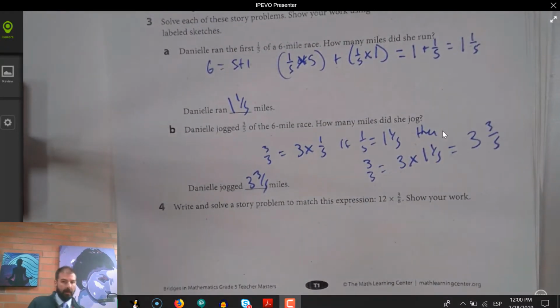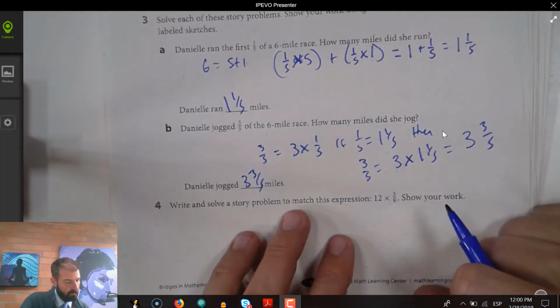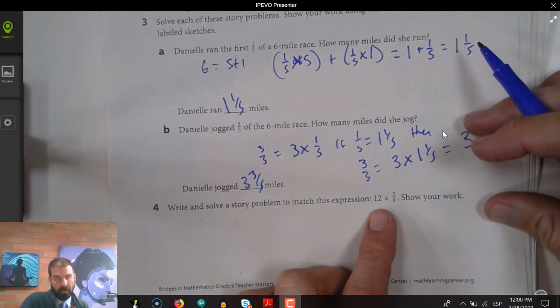Write and solve a story problem to match the expression 12 times 3/8.